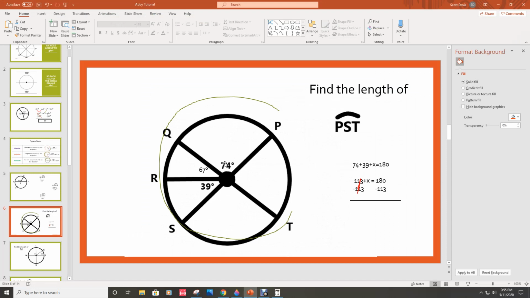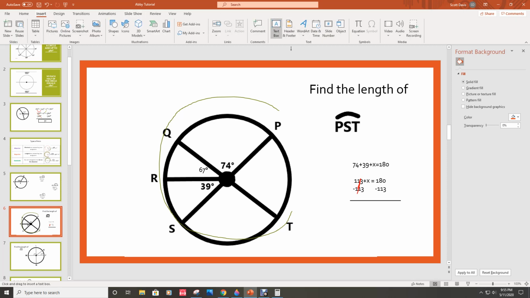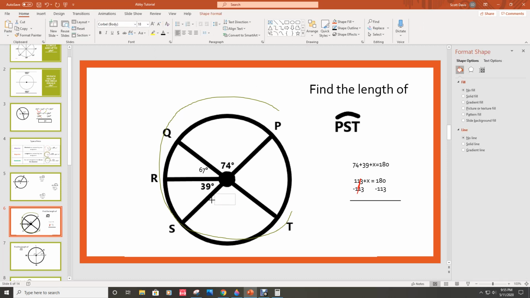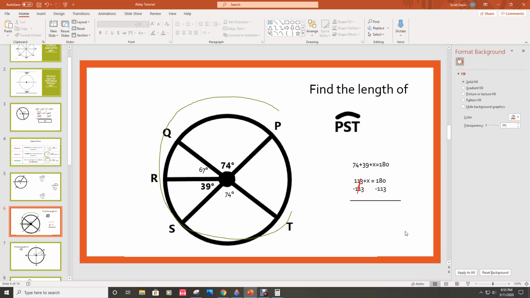So let's see our congruent angles here. So I have 74 degrees here. Let me add that up right here. Here's 74 degrees, okay? So now we're only missing one piece, right?